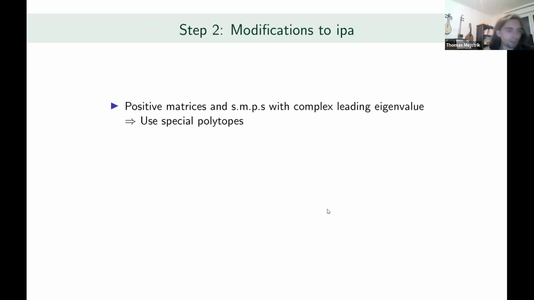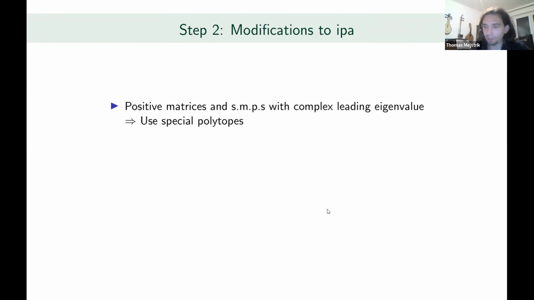And then for the second step, the construction of the invariant polytope, what can we do here? One thing is that the input matrices we are using have a quite large influence on the behavior of the algorithm. Actually more than one can imagine, because there are two special cases.